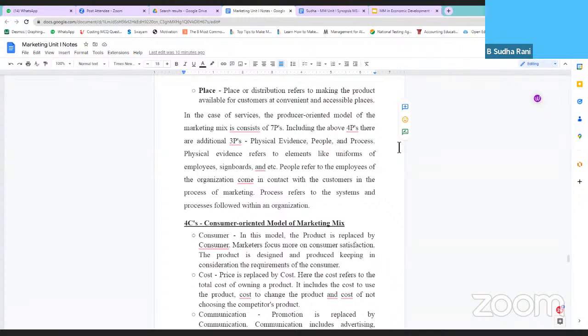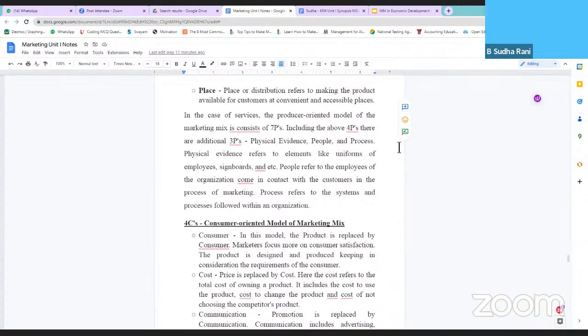Physical evidence is how you give training, uniform application and uniformity in the approach of the employees, and making sure that every employee understands the organizational goals and values, using different signboards, training programs, and all. People are employees. Next, process.